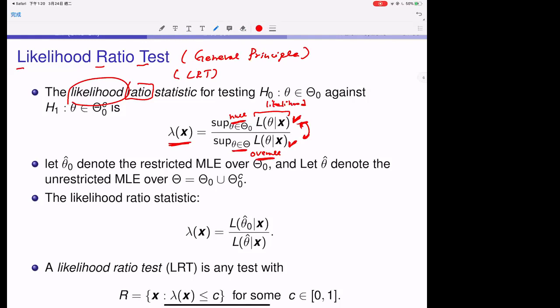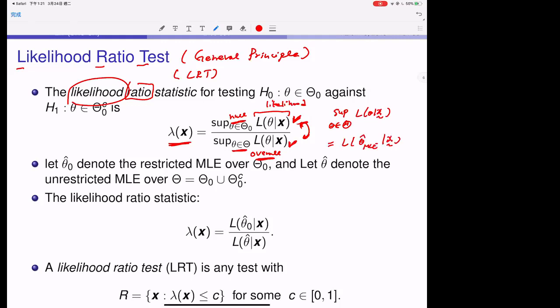Okay, good. And then if you look at it, you are finding some supremum under overall space, then you have a function right here. What does that actually mean? You are nothing but finding the MLE, isn't it?